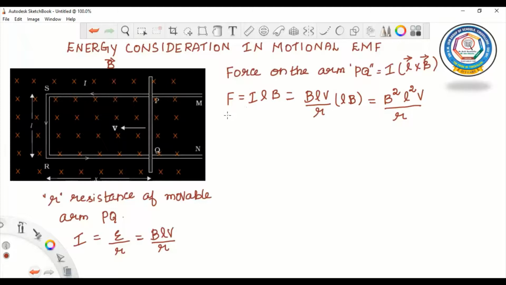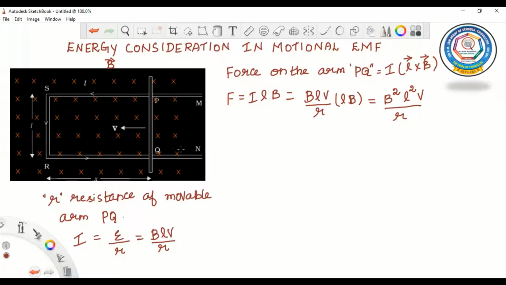Actually, this force is due to the drift velocity of charges along the rod, and because of the drift velocity, the Lorentz force is acting on them.